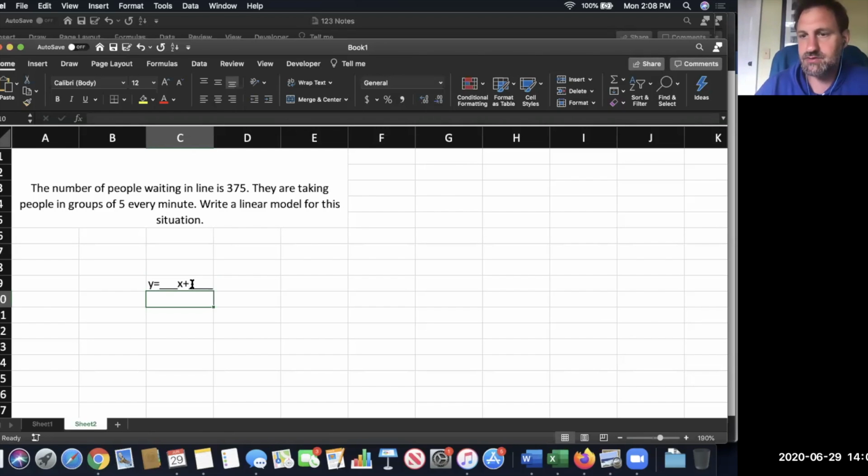Right now we're just building models. We're not using them. We're not making predictions. We're not doing calculations. Just looking at the words, and we're coming up with what number goes where.